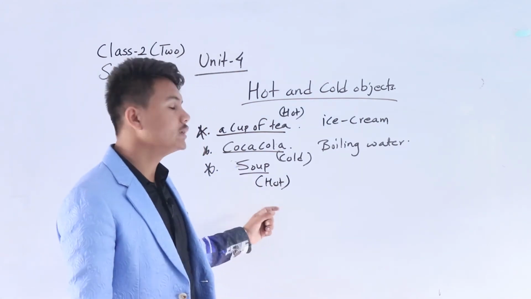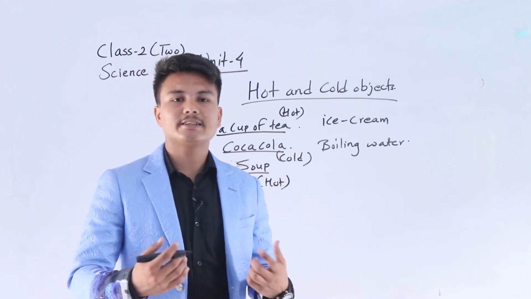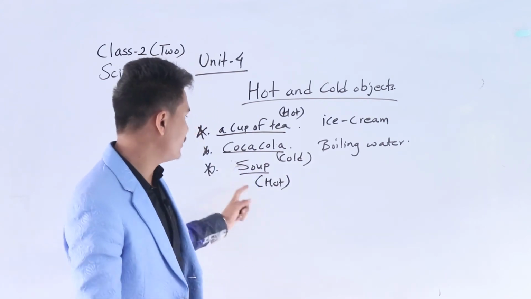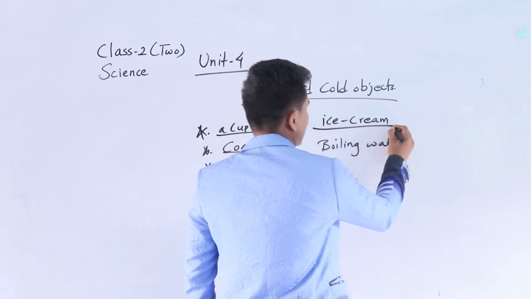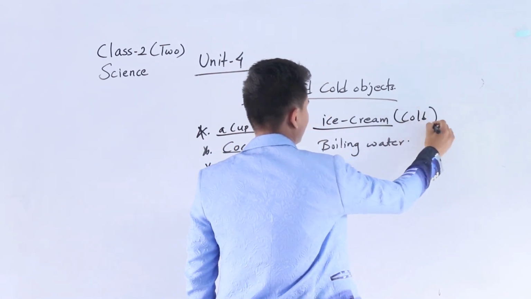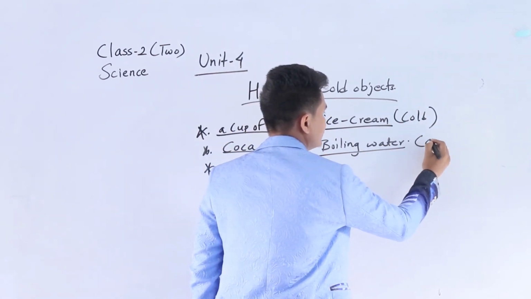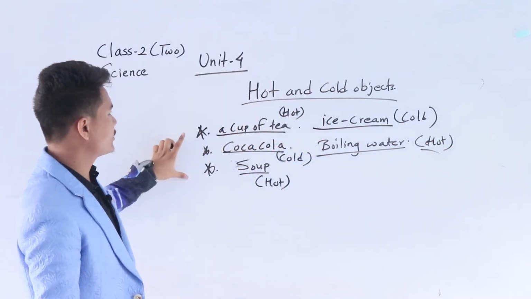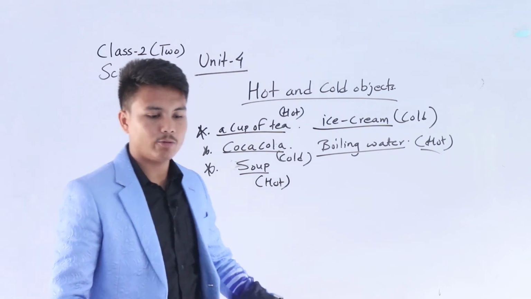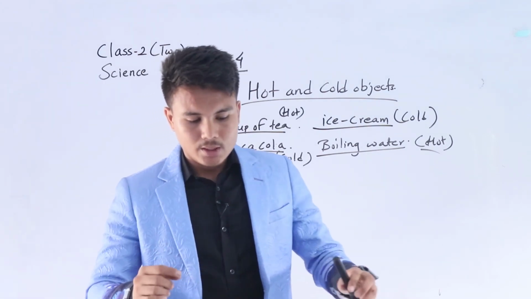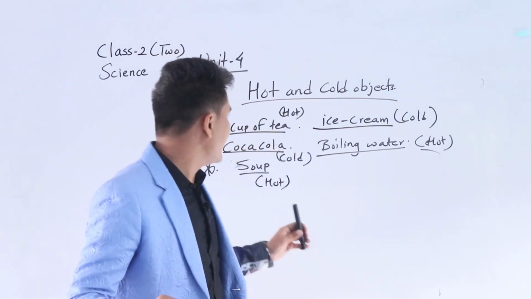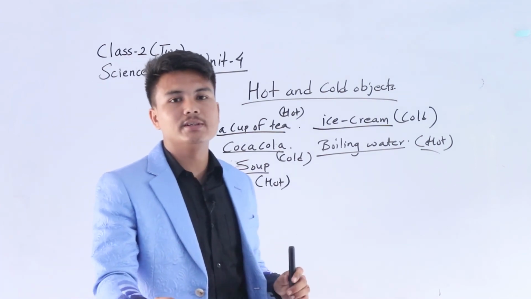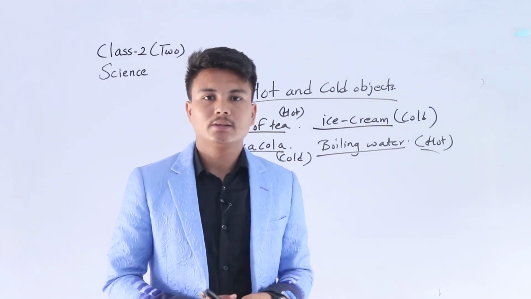After it gets cold, its taste is gone. Likewise, ice cream is very cold and boiling water is also a hot object. So these are some objects which are hot and which are cold. So in this way we have completed the materials around us chapter.